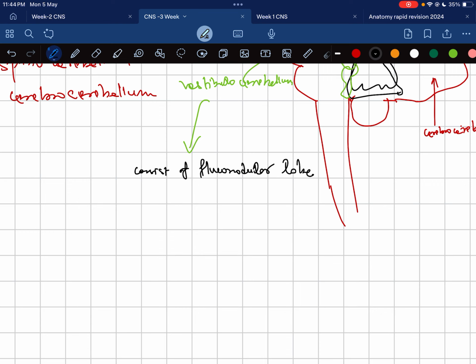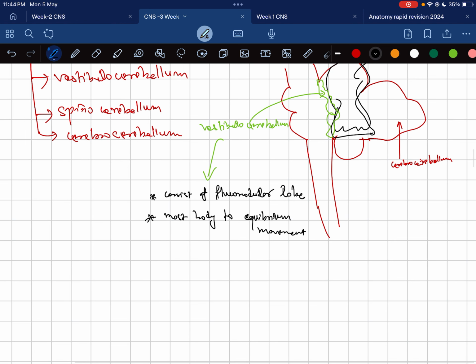So that provides the neural circuit for most of the body to maintain equilibrium, the body's equilibrium movements.